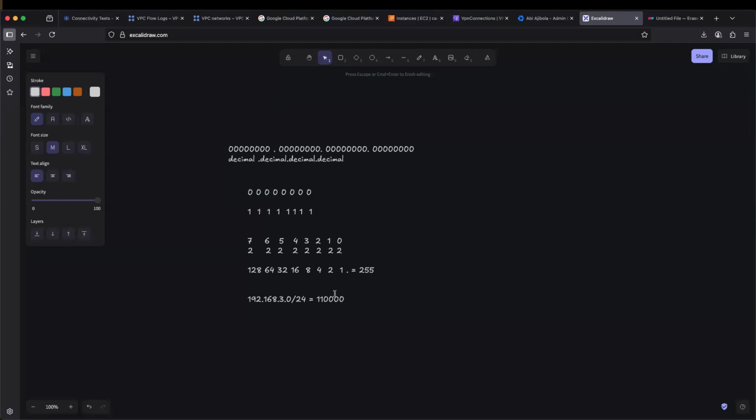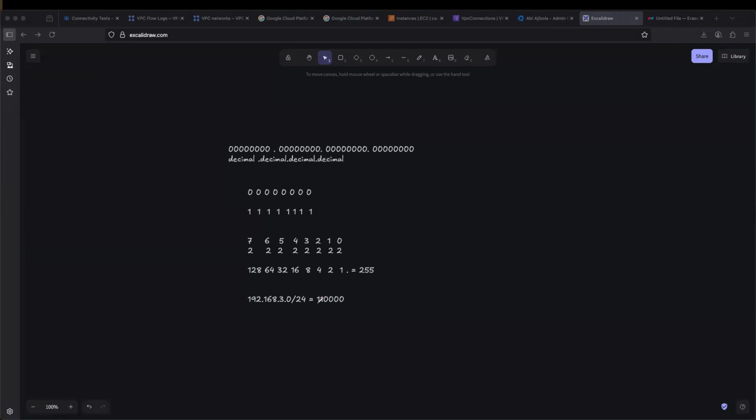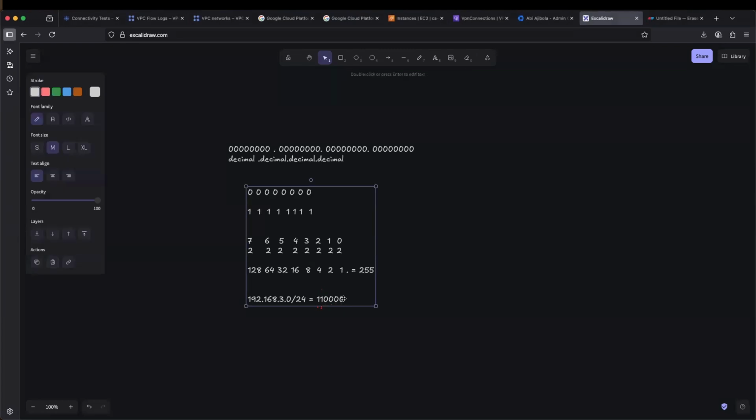Let me get my pen. So this is 1, 2, 3, 4, 5, 6. We still have one more 0 that we need to put there. You have to complete it in 8.